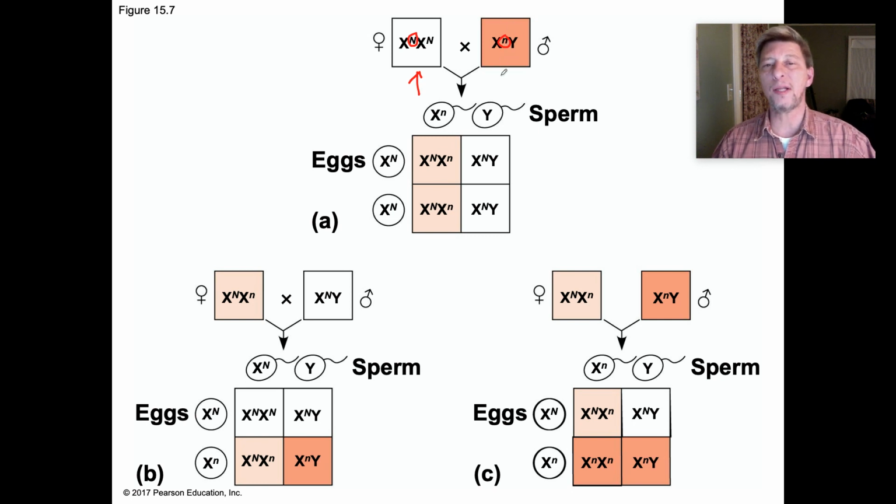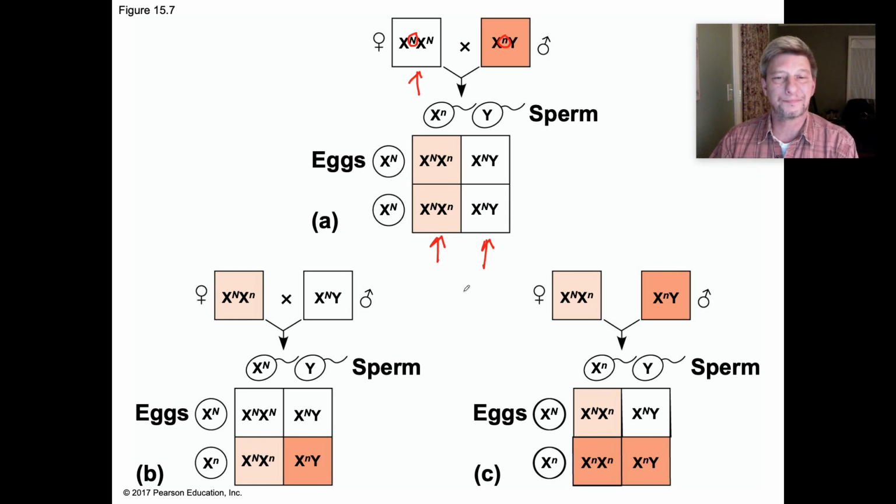But it carries the recessive allele for this. So the sperm that can be produced by the male are shown here. The eggs produced by the female are shown here. And so what we end up with is all the daughters will be carriers of the recessive allele, and all of the sons will demonstrate the dominant trait.